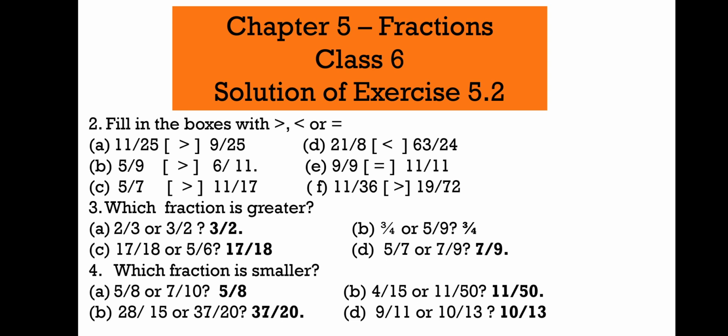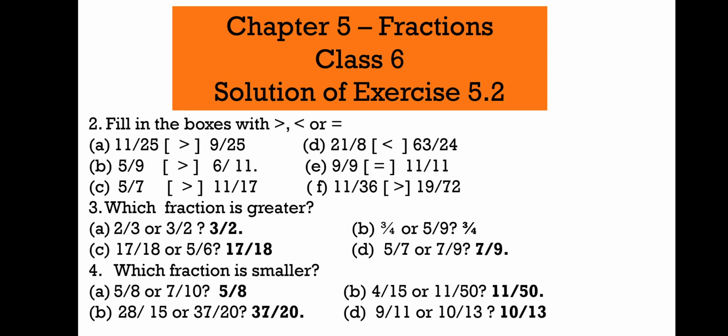It is 3 upon 4, because that gives you 0.75, and 5 upon 9 gives you something between 0.5 and 0.6. So 3 upon 4 is greater. Next, 17 upon 18 or 5 upon 6. It is 17 upon 18. 5 upon 6 will not be.